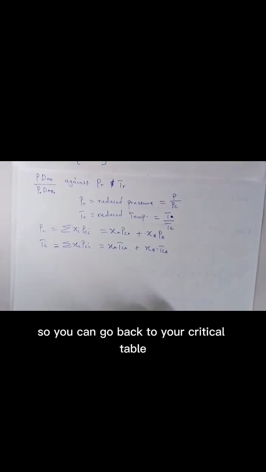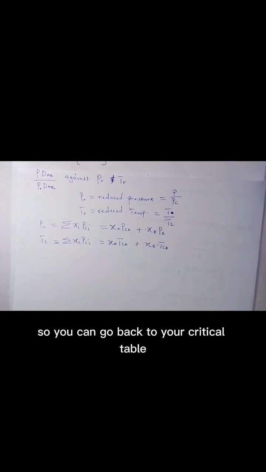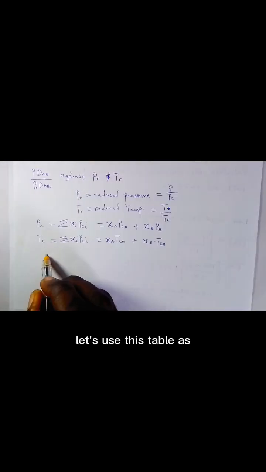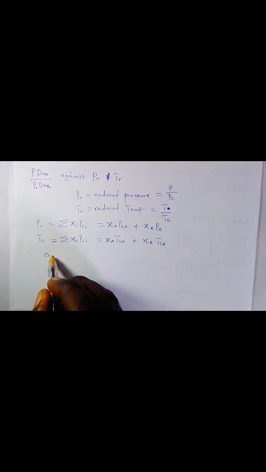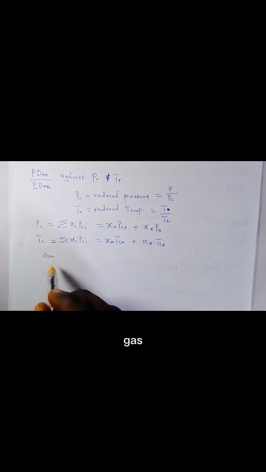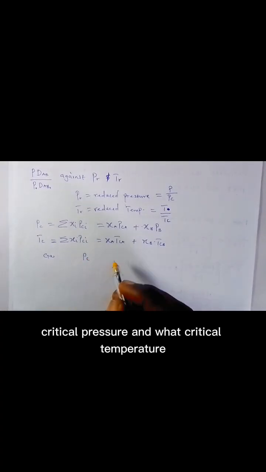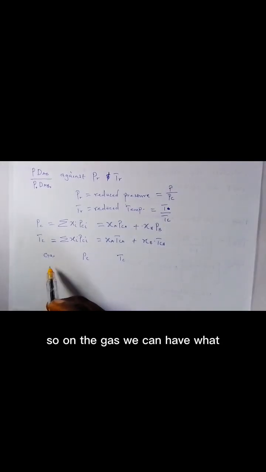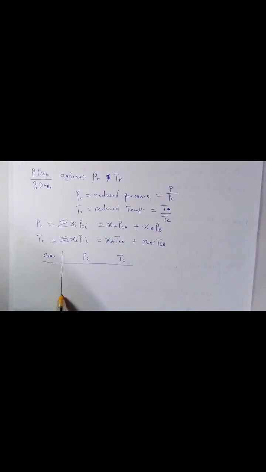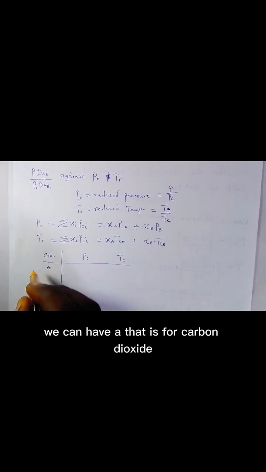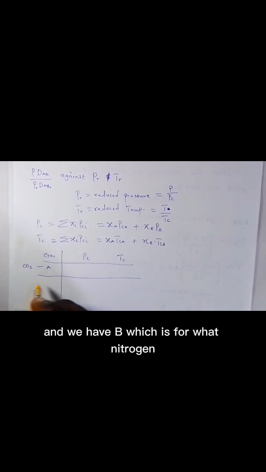So you can go back to your critical table. Let's use this table as gas, critical pressure, and critical temperature. Under gas, we can have A, that is for carbon dioxide, and B, which is for nitrogen.